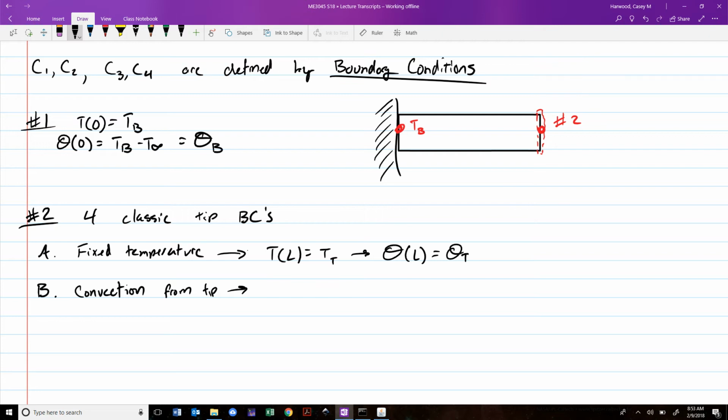So Q in equals Q out, in being conductive heat transfer in, out being convective heat transfer out. And so this turns into negative k dT/dx at x equals L is equal to h times T minus T infinity, or negative k dtheta/dx at x equals L is equal to h times theta T.